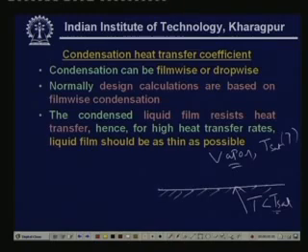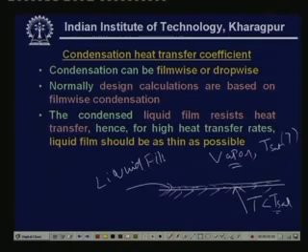That means you will find that this surface will be gradually covered with a layer. If you are assuming film wise condensation, you will find that this surface is covered by a liquid film. Once a liquid film is formed on the surface, this liquid film will add resistance for heat transfer. That means this itself prevents or reduces the rate at which heat is being transferred from vapor to the surface.